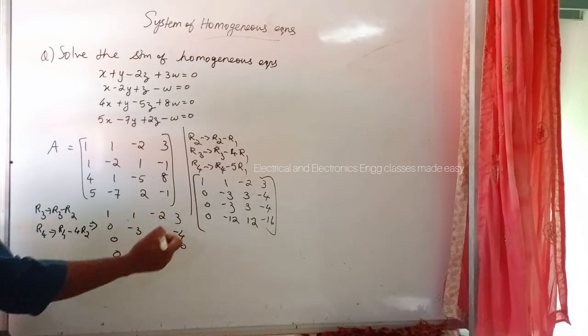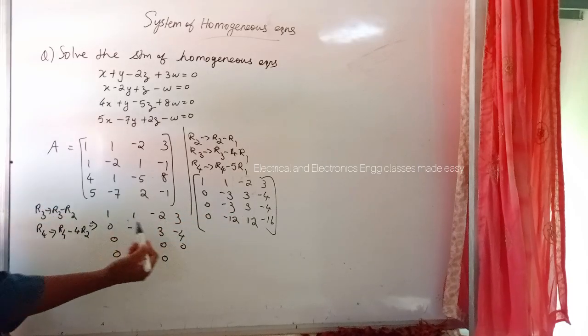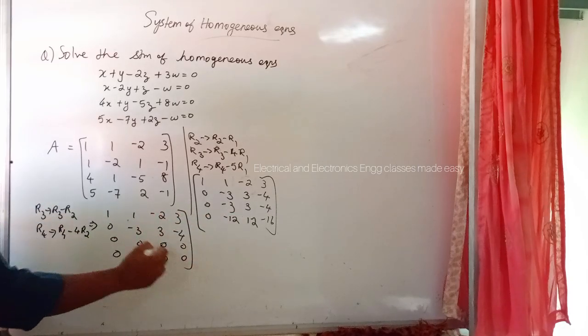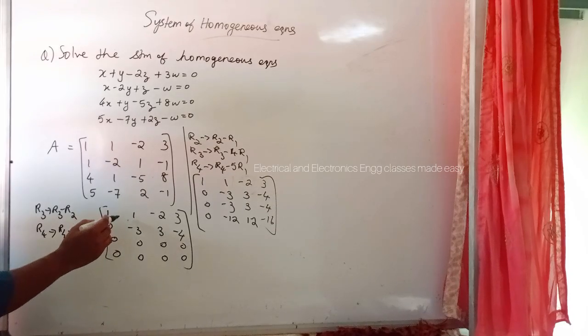12 minus 12 is 0, then −16 plus 16, so this one also is 0. So here two rows are 0. That is, the number of non-zero rows is equal to 2.